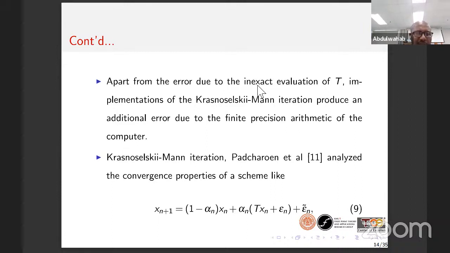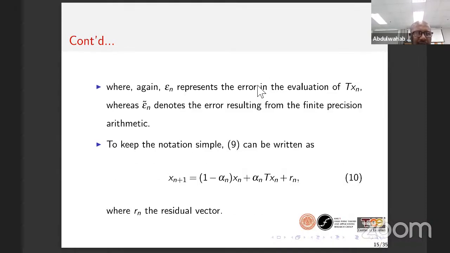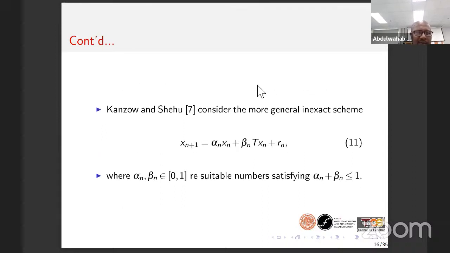So due to that, Patron and others analyzed the convergence property of the scheme given by equation 9, where e n represents the error in the evaluation of the x n, whereas a n denotes the error resulting from the finite precision arithmetic. To keep the notation simple, they rewrote equation 9 as equation 10, where Rn represents the residual vector.